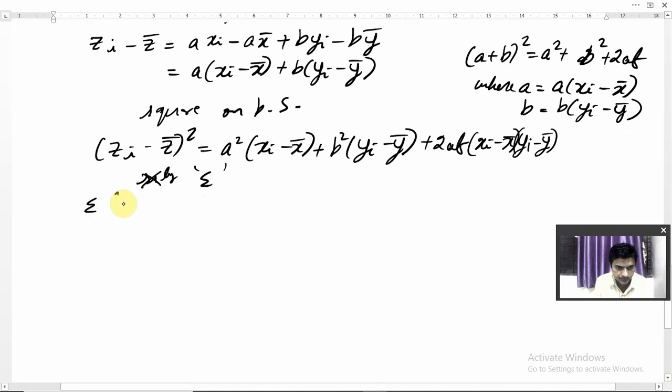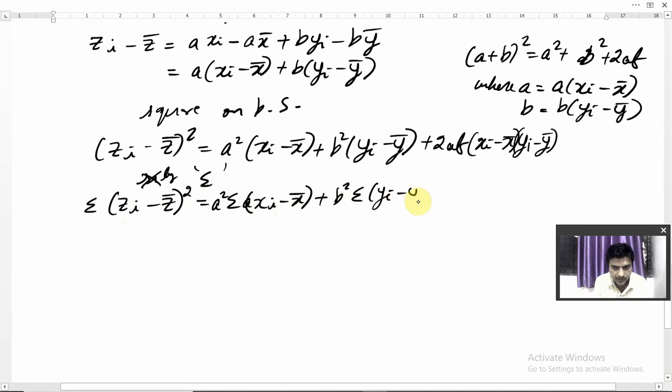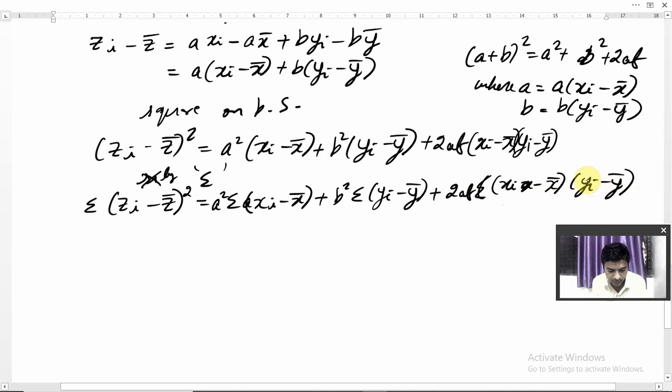So I will take summation of (zi minus z bar) square is equal to summation, a square is constant, so I will write a square outside, (xi minus x bar) square, plus here also b square is constant, I will take it outside, summation (yi minus y bar) square, plus 2ab, again summation of (xi minus x bar) and (yi minus y bar). Is it clear? So I have just taken the summation of all this.